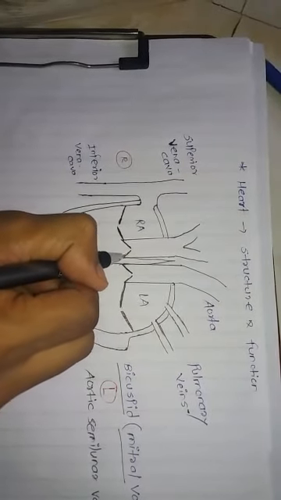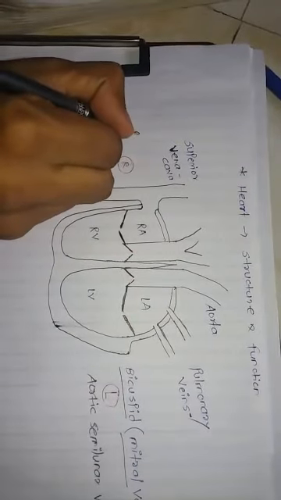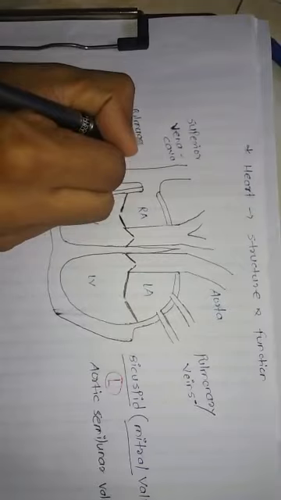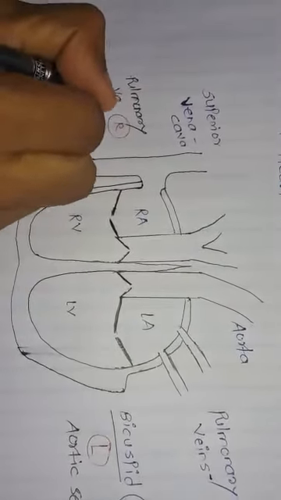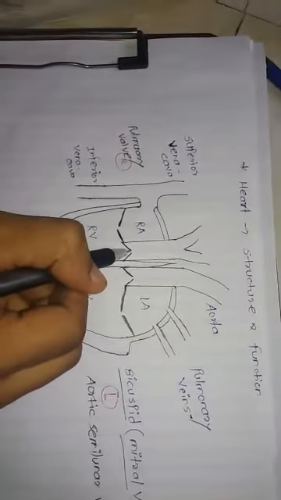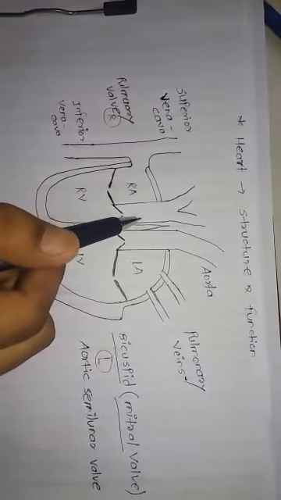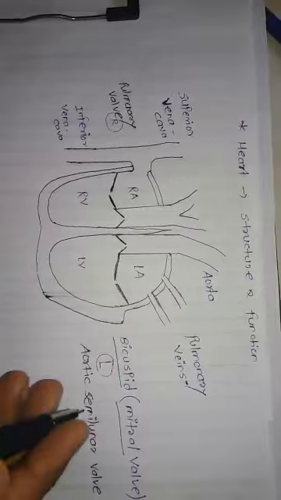This one is the pulmonary valve, pointing upwards between the right ventricle and pulmonary artery. So this is about heart valves.